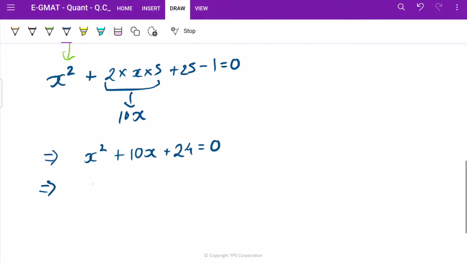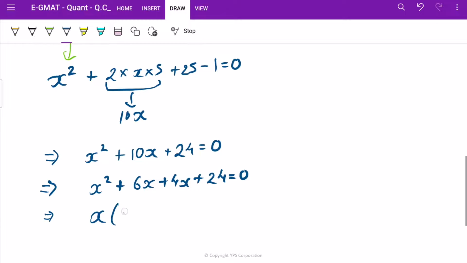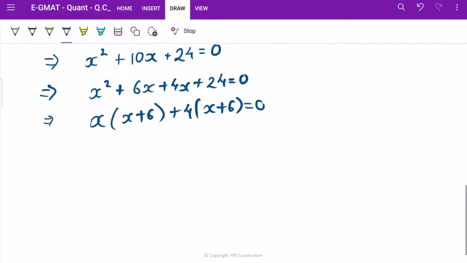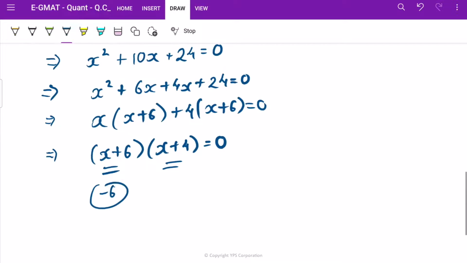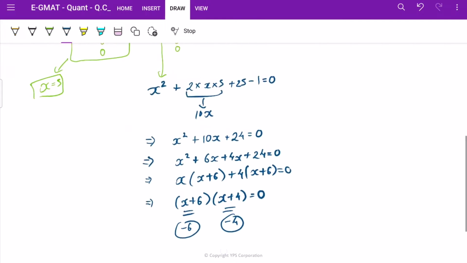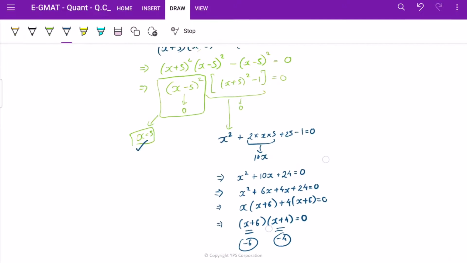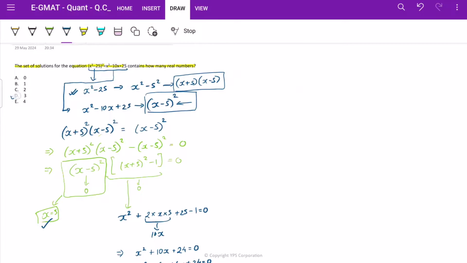And if we factorize it, x squared plus 6x plus 4x plus 24 equals 0. Now we can take common x plus 6 here, and 4 common, x plus 6 equals 0. So if we further simplify it, this becomes x plus 6 into x plus 4 equals 0. So basically we get two more solutions, minus 6 and minus 4. And we already had one, x equal to 5. So in total we have 3 solutions.